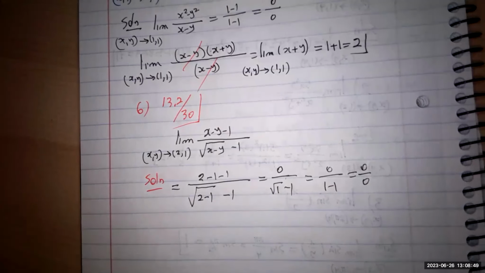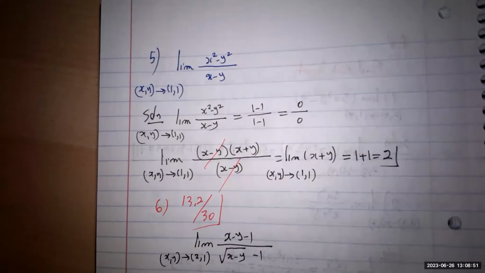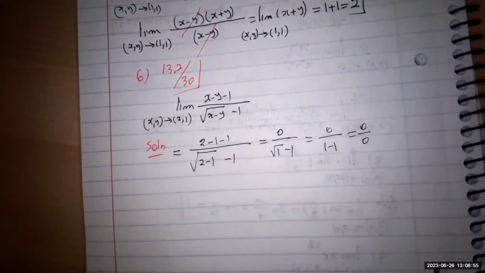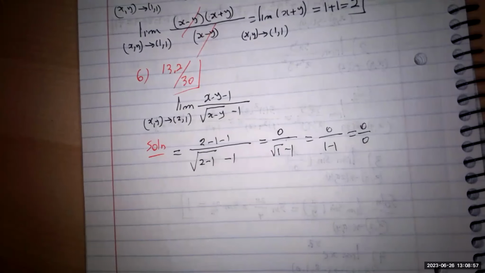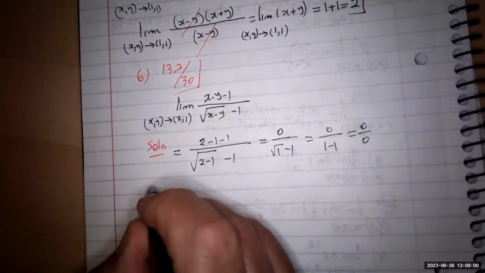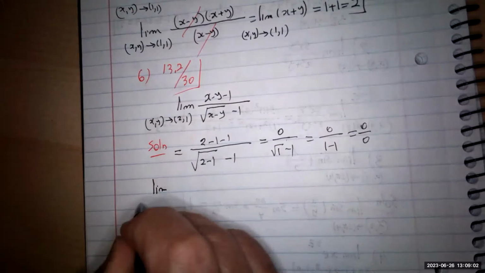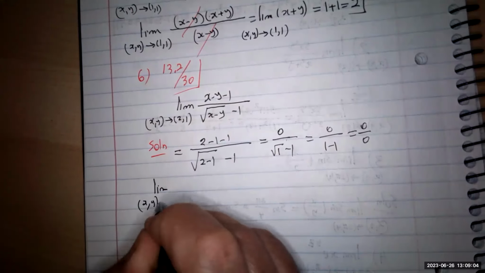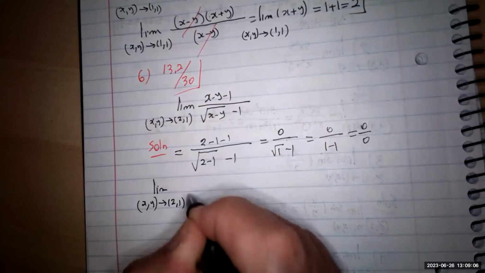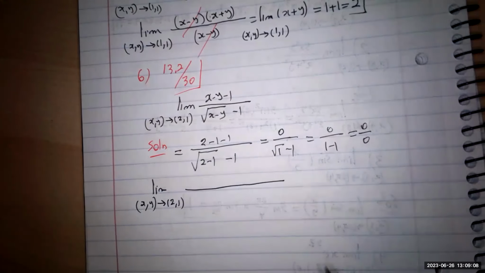So you may factor it right away as a polynomial type, as we do in calculus of a function of one variable. Over here, multiply the top and the bottom by the conjugate. So there you are. You have the limit as (x, y) goes to (2, 1).